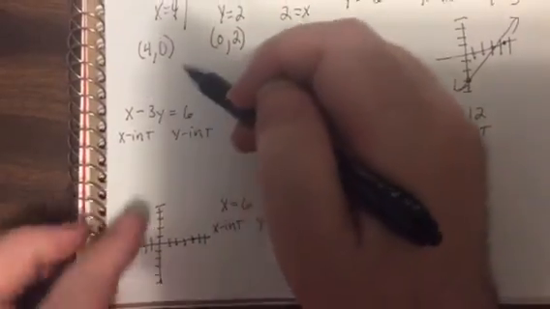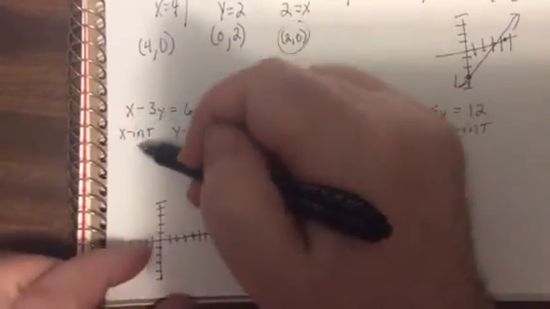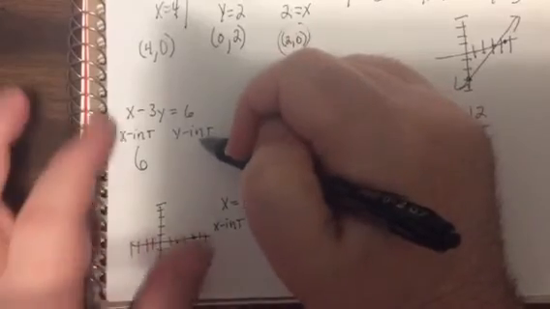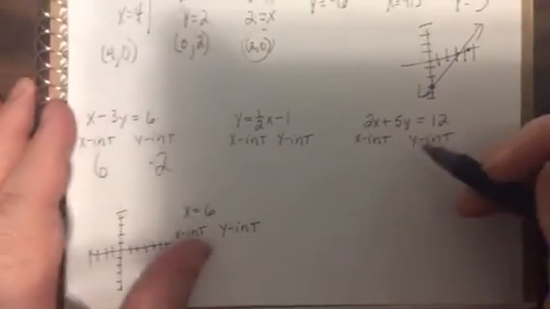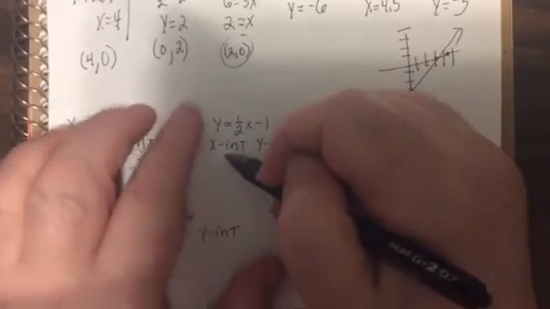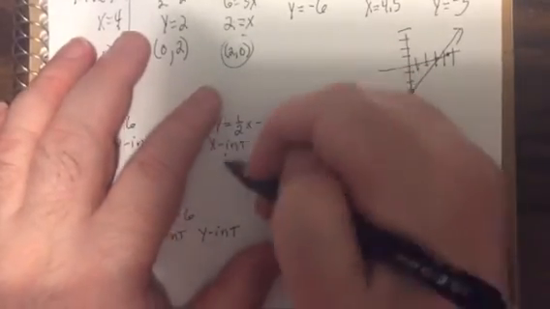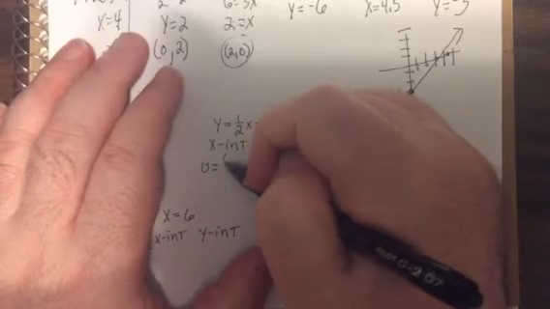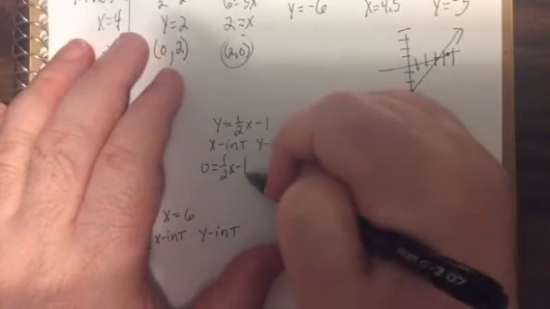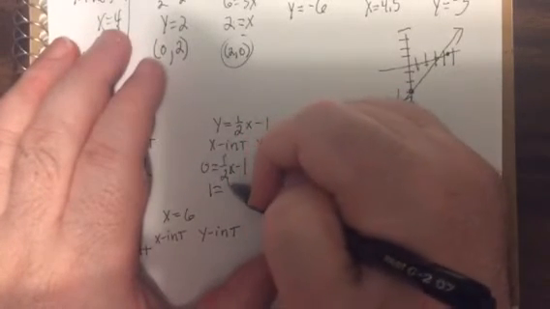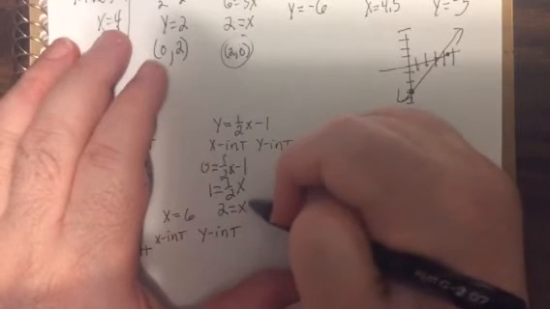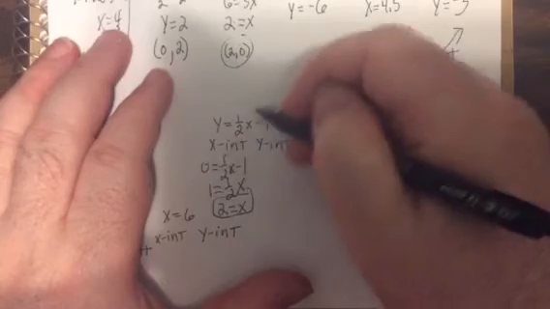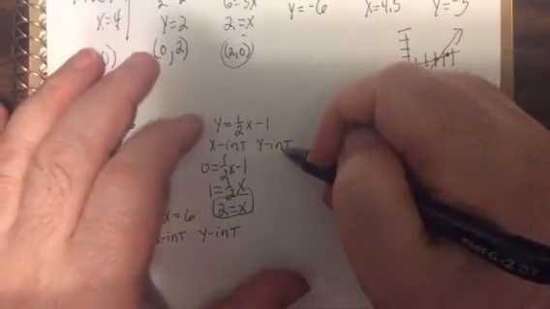So x-intercept, put 0 in for y, so that's 6. Y-intercept, put 0 in for x, so that'd be -2. This is whippy snappy, oh my goodness. X-intercept, put 0 in for y, so we got to do a little bit of work on this one, a little bit more of a challenge. So I'm going to add 1, multiply by 2. So the x-intercept is 2.